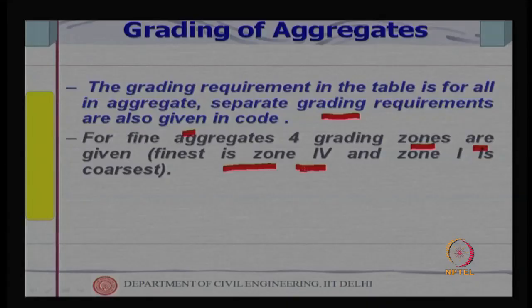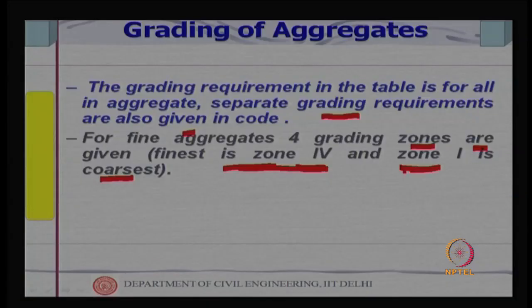The finest is zone 4 and zone 1 is the coarsest, because fine aggregates quite often may be natural sand, river sand. So, they have their grading, with different proportions of sizes, and according to the sizes that generally prevail, 4 grading zones have been specified, where zone 4 is the finest and zone 1 is the coarsest.